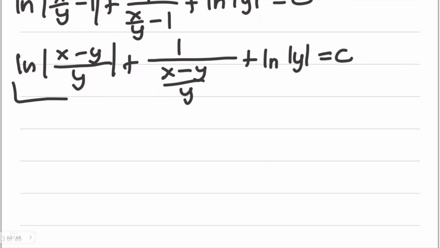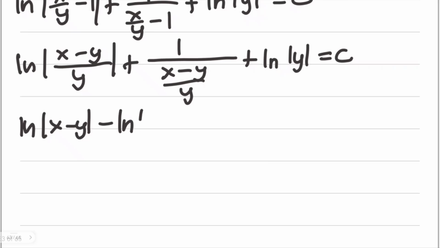Using the properties of logarithm here, we have the logarithm of the absolute value of the quotient. So we can apply it like this: the natural logarithm of x minus y minus the natural logarithm of y. That's a property of logarithms. Here, you have nested rational expressions as mentioned earlier.